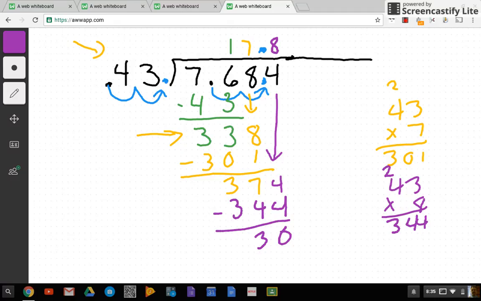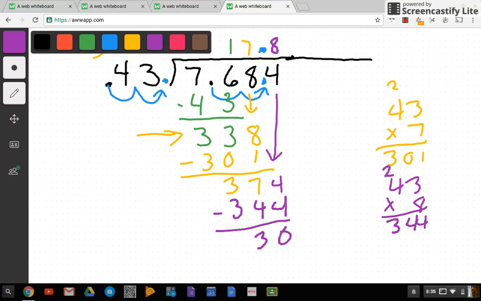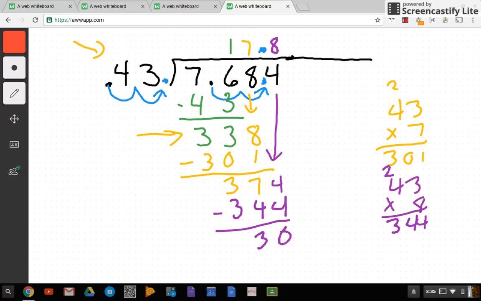All right, so I'll tell you what I'm going to do. Instead of stopping right here, I'm going to add one more 0, just to make this a little bit more accurate. So it's going to be 300. Ooh, look at that. Just missed that 7. So I know that for a fact it's going to be 6. 6 times 3 is 18, and I can carry a 1 up this way. 6 times 4 is 24, plus 1 is 25.